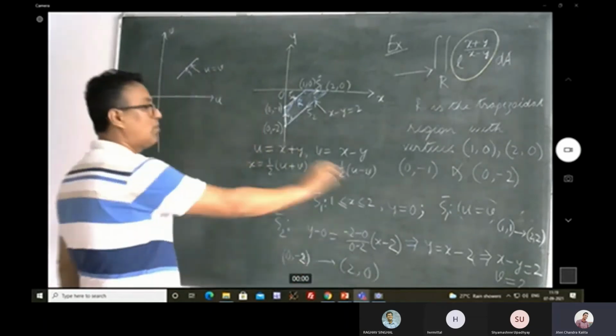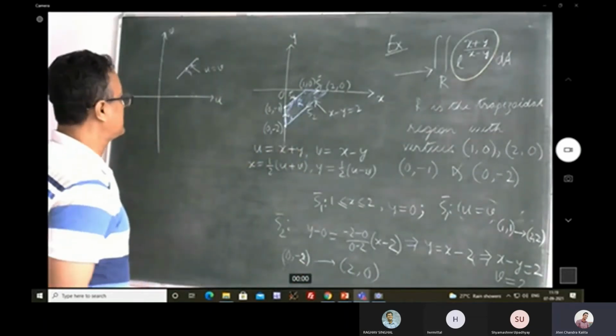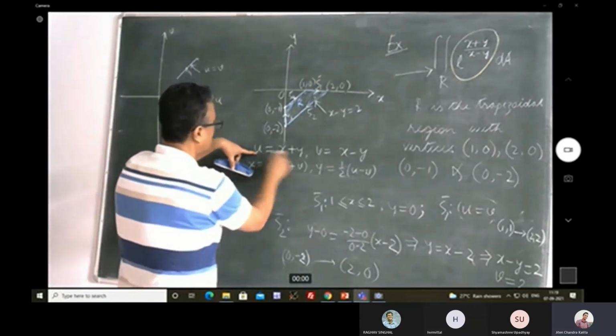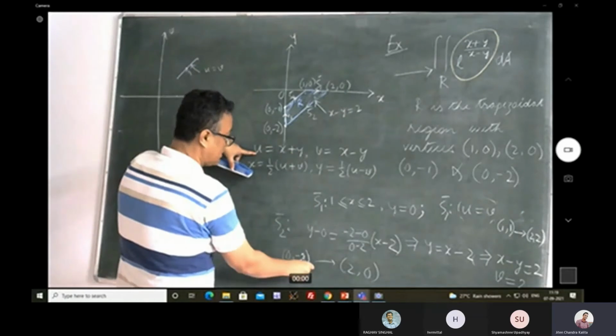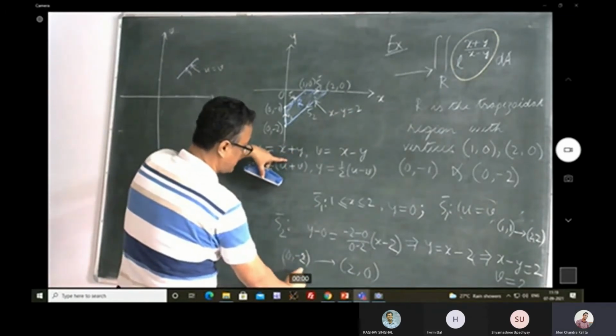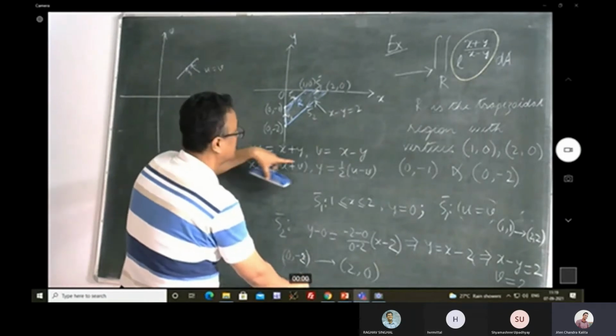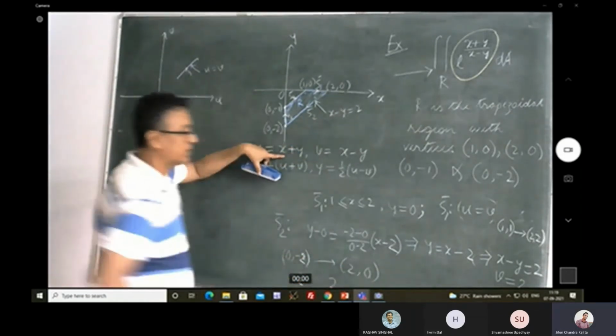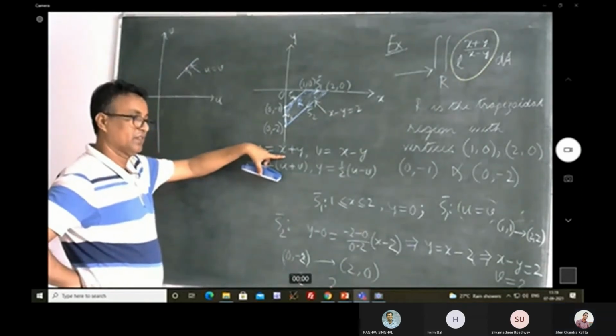Okay, so I have already got the equation for v. Now if I concentrate on u, so u will vary from minus 2 to 2, since u is x plus y. Is it okay? Yes.